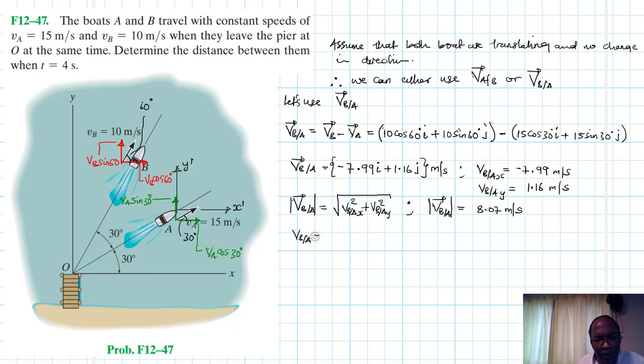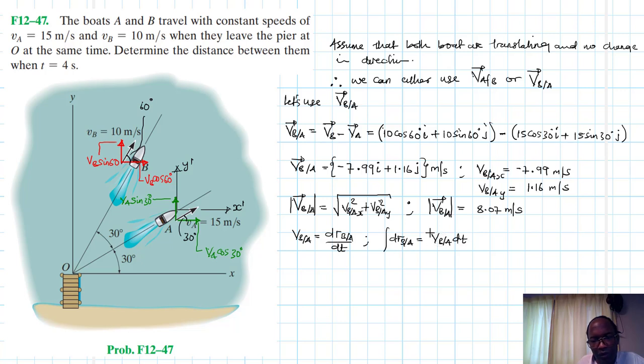Since we know that VBA is equal to d rBA with respect to time, we can say our d rBA is equal to VBA dt.